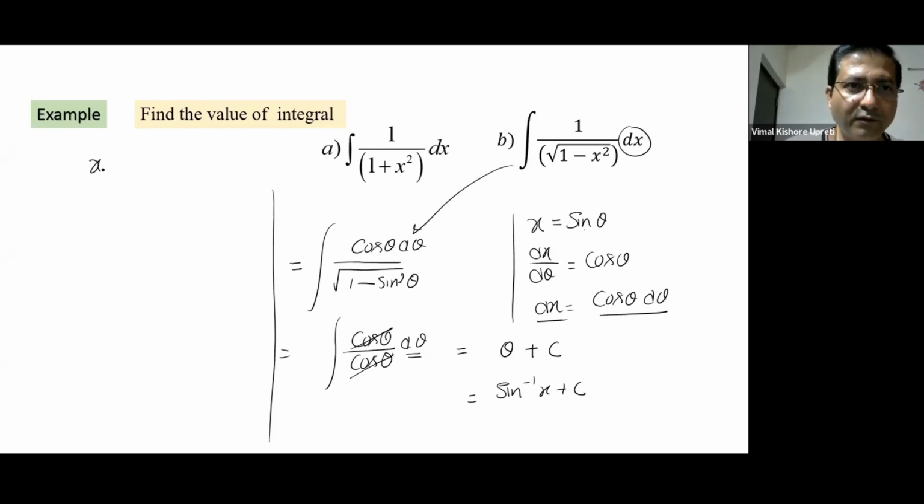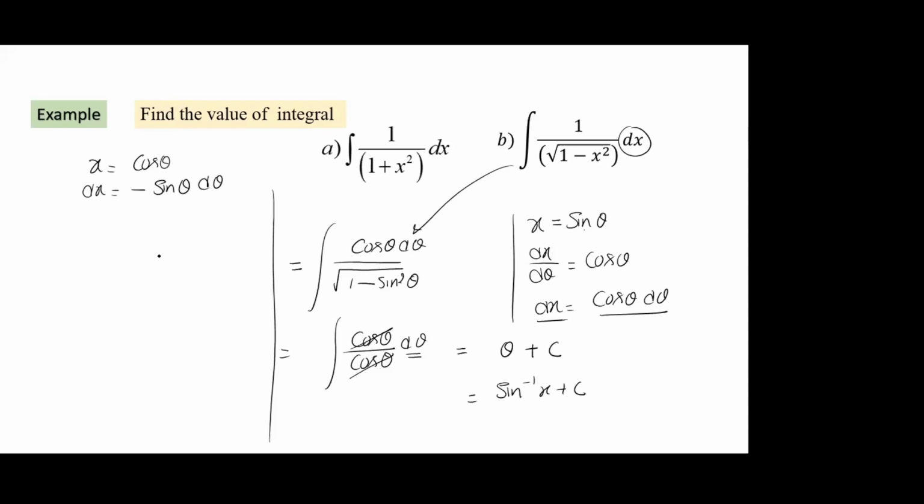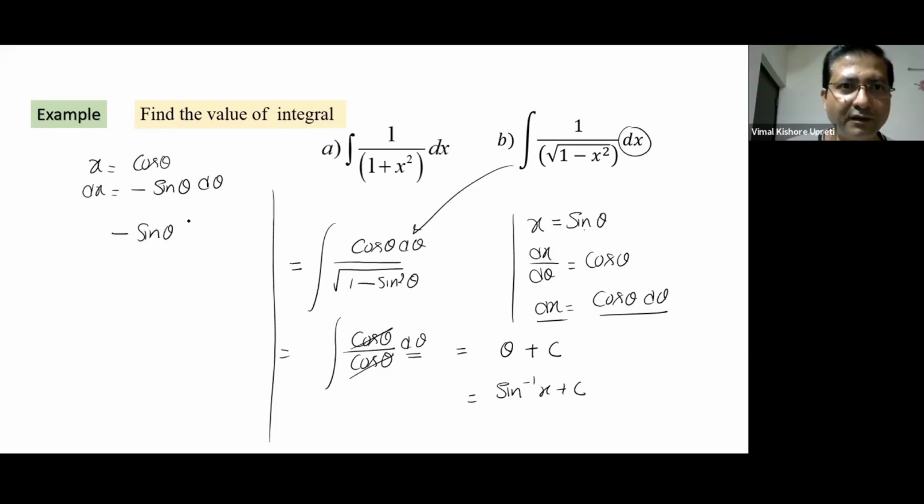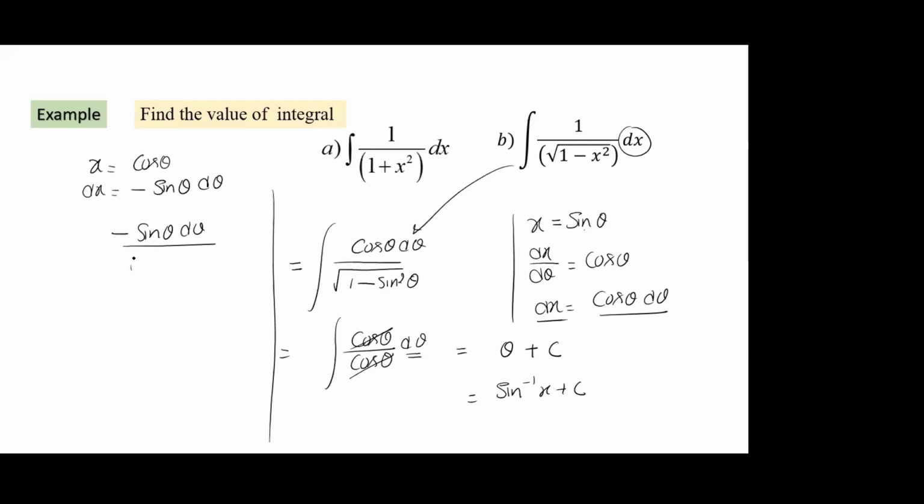Someone was saying, what if I assume x is equal to cos theta? No harm. dx is equal to minus sin theta d theta. It is based on the trigonometric identities. So here I can write minus sin theta if I substitute dx.